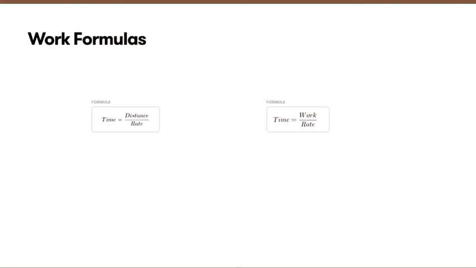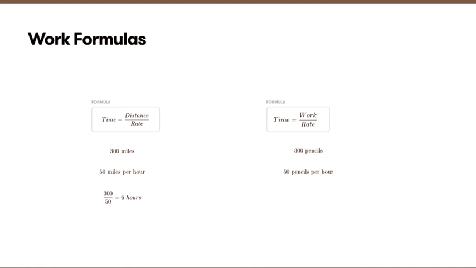Finally, if we look at time, let's say Bob travels for 300 miles at a rate of 50 miles per hour. To determine his time, we'll take the total distance he traveled and divide by his rate. So 300 miles divided by the rate of 50 miles per hour will give us time traveled of 6 hours.